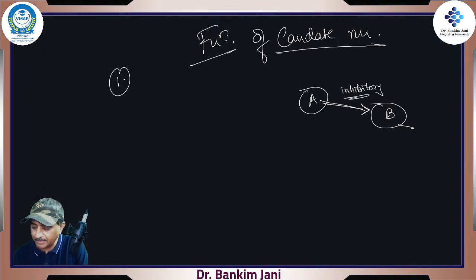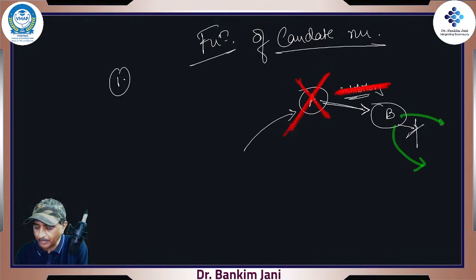And the result is that B won't be firing anything. But when you stop A, for some reason, by any means, this inhibitory signal goes away. So in the absence of that signal, B would start working. It will start firing the signals.